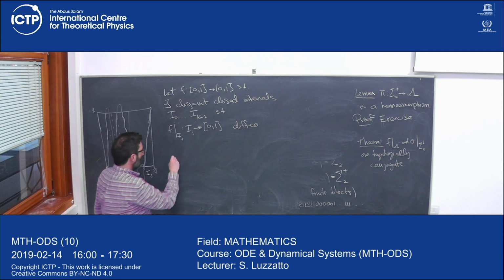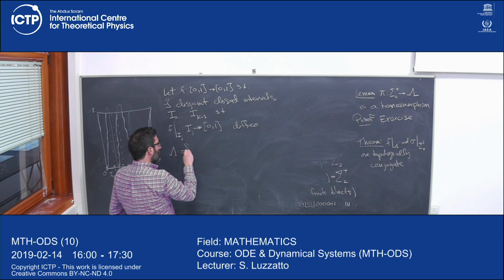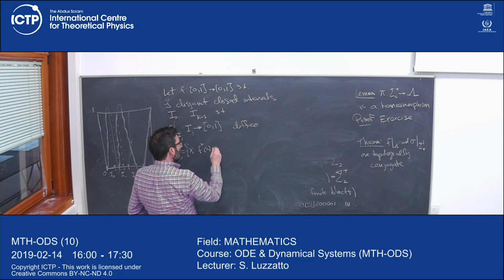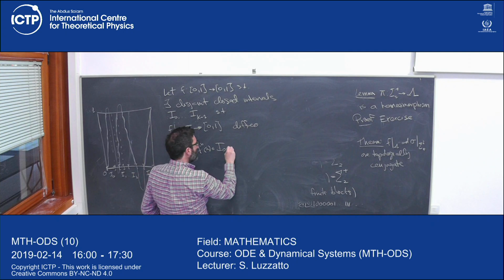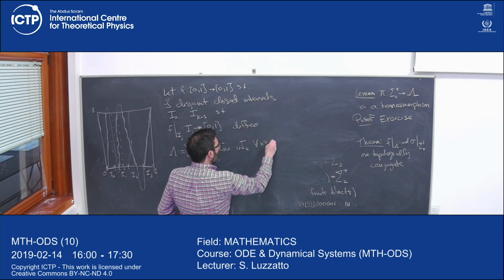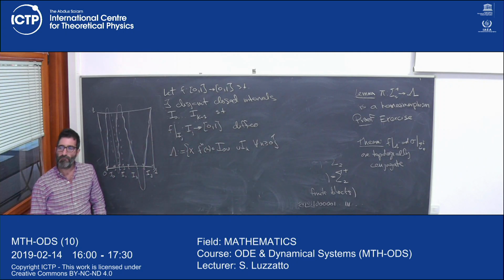Okay? And then we can let Lambda equal the set of points x such that f^n of x lies in the union of all these I_k's for all n greater than or equal to 0. This is a direct generalization of what we had before.